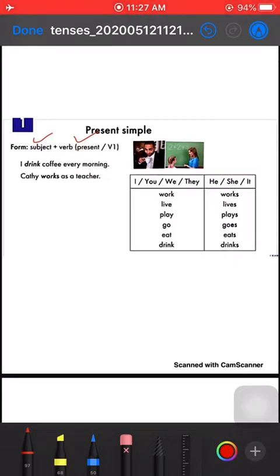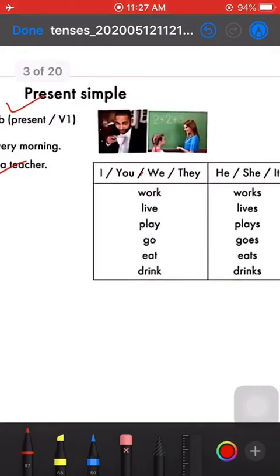For example, I drink coffee every morning. Kathy works as a teacher. Notice that in sentence number 2 we have works with an S. In the present tense, if the subject is I, you, we, they, we do not need to add S with the verb.